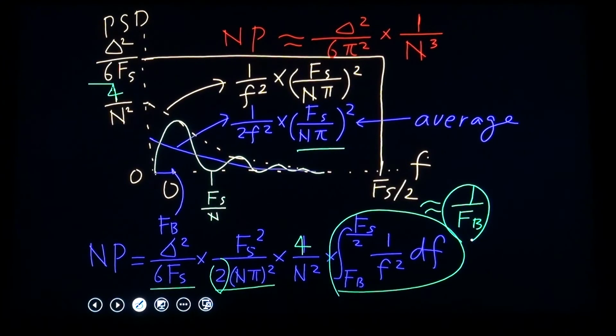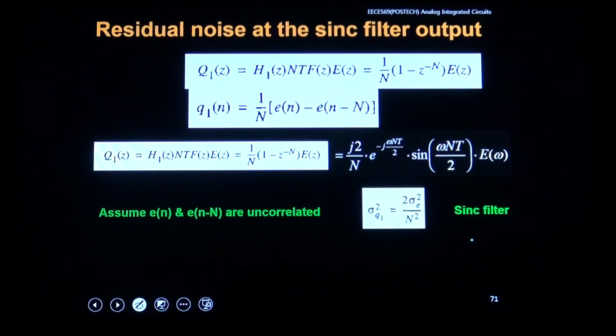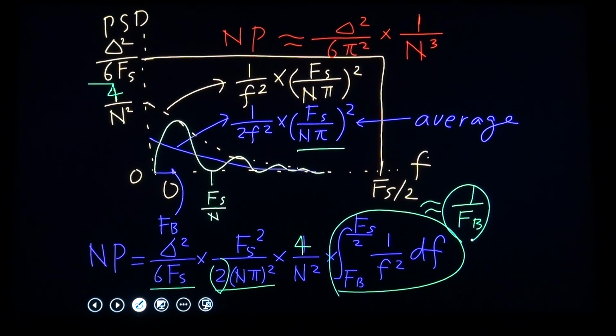Okay, then what? Let's try to calculate this one. If we calculate this one, this is 4 over 6, with Fs being 2 FB.